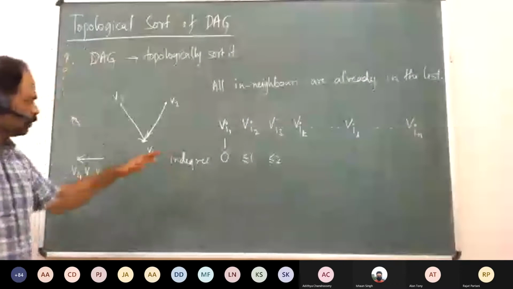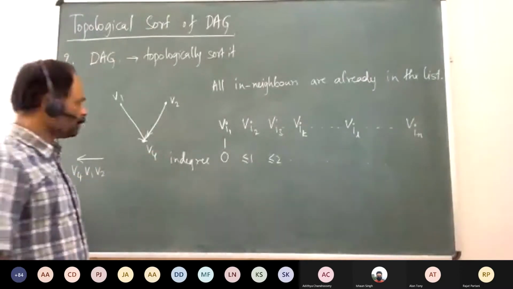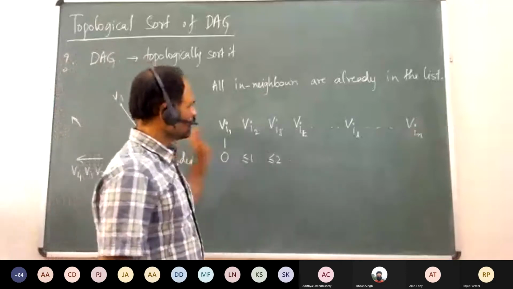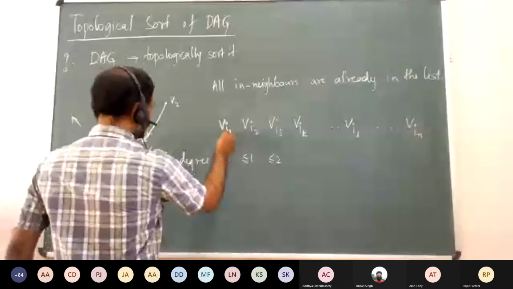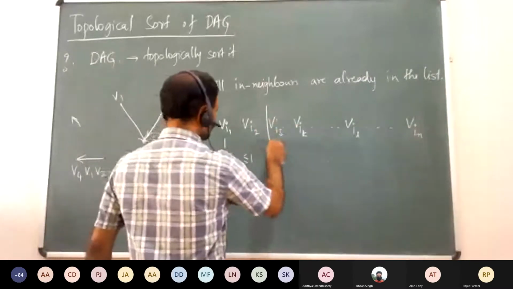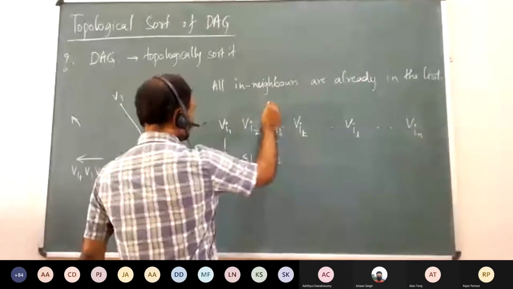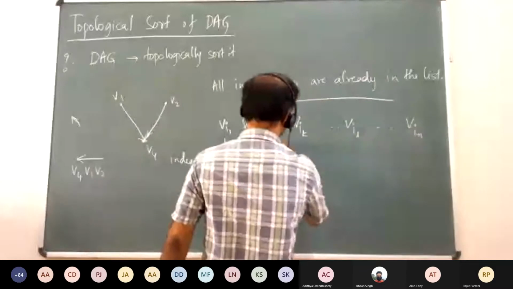Now, instead of doing this, what we will do is compute in degrees only to the right side of it. So when we are computing in degrees for any vertex V, we will only compute in degrees in the graph induced by that vertex and later.